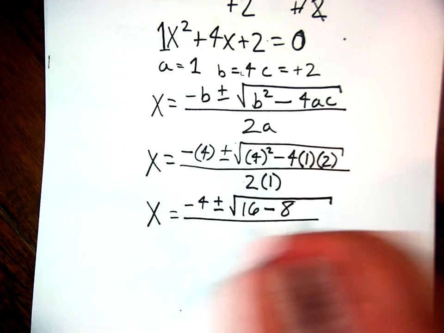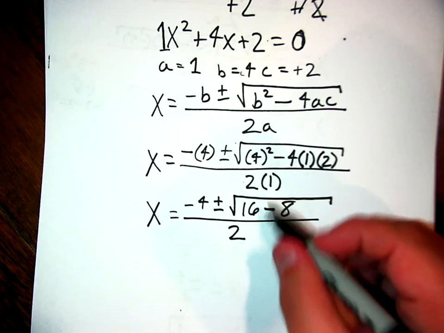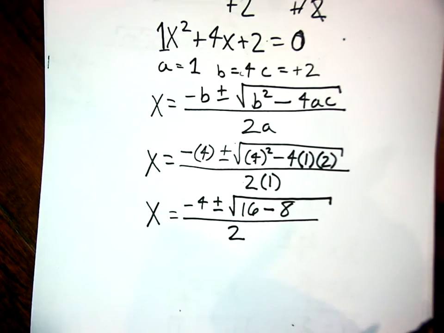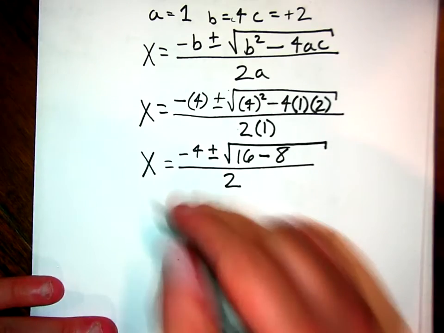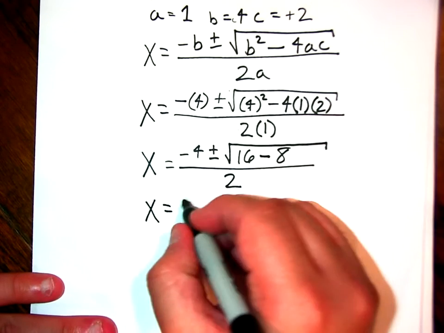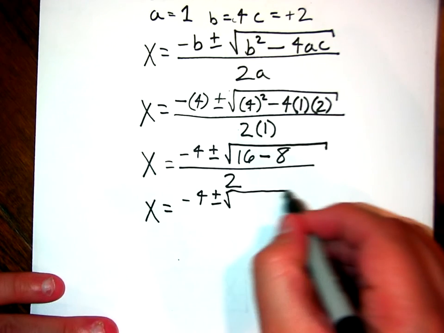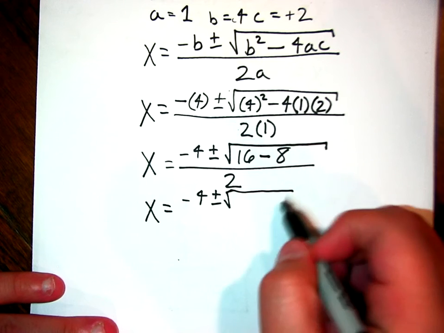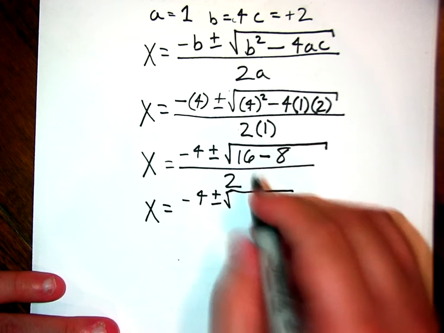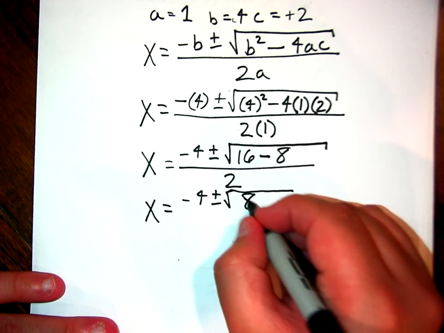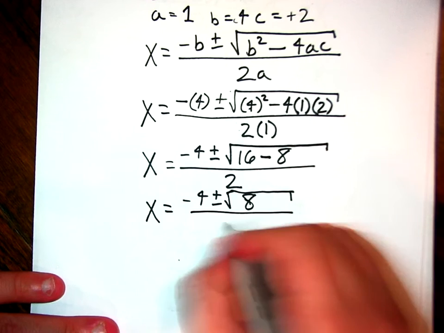All divided by 2 times 1, or 2. And another step. X equals negative 4 plus or minus the square root, and here we're going to finish simplifying what's under the radical. So 16 minus 8 is just going to give me 8 under the radical there, divided by 2.